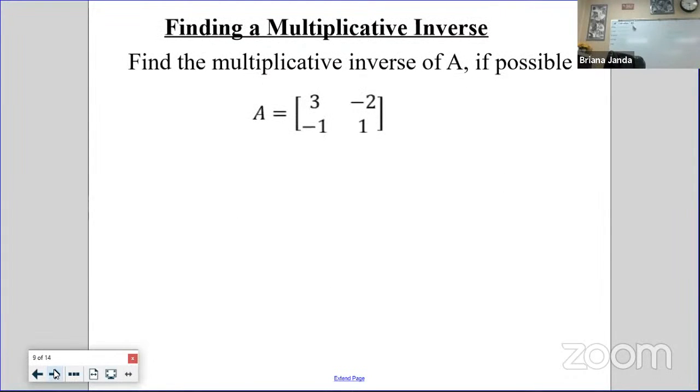So the second question about inverses, remember the first one was to show that two things are an inverse, multiply A times B and B times A and get your identity. The second question around inverses is to find it, to just, here's a matrix, find its inverse if possible. And again, that if possible is if your determinant is equal to 0, it is not possible, right?